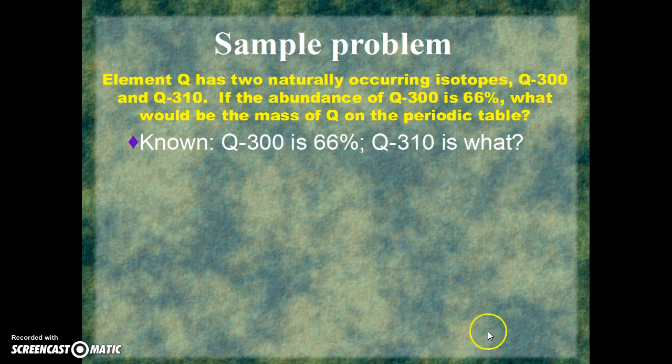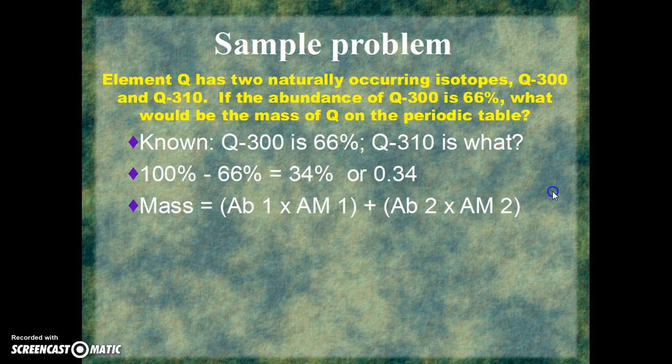Coming back, we know that Q300 is 66%, so if there's only two isotopes, Q310 has to be 34%, 0.34. The mass, again, is equal to the abundance of the first times the mass of the first, and this you're going to add then the abundance of the second times the atomic mass of the second isotope.